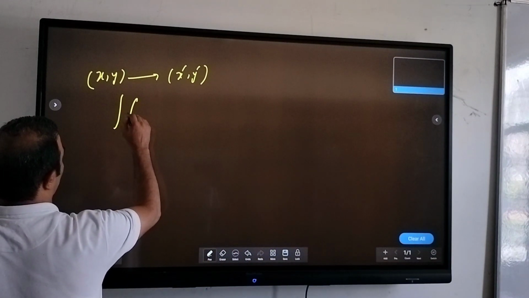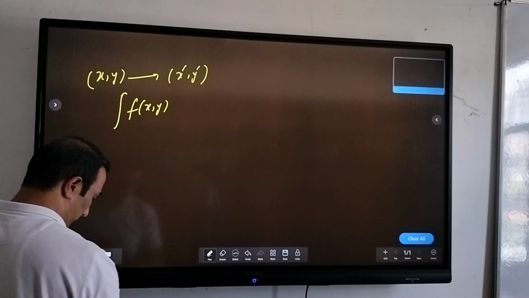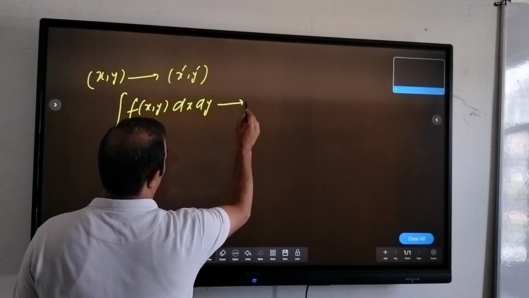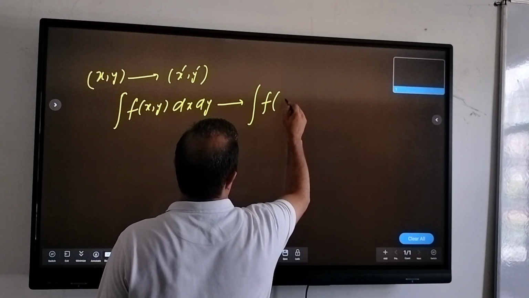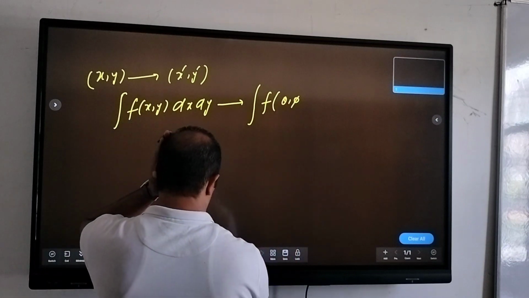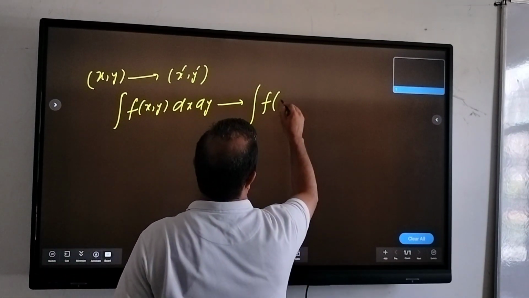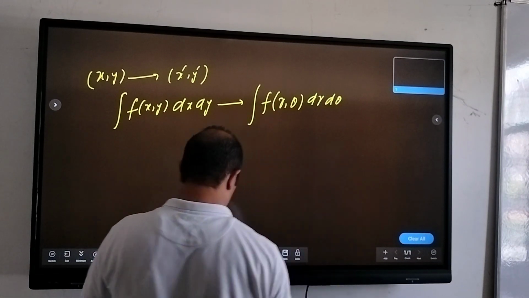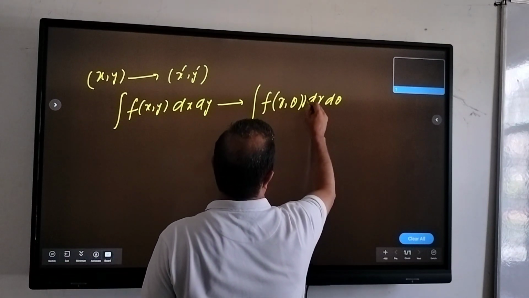Like we have some function f of xy, and this integration of this thing is dx dy. So how does it go if you make a transformation to new coordinates like r and theta?